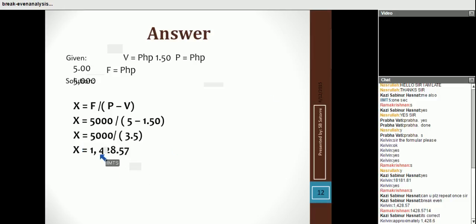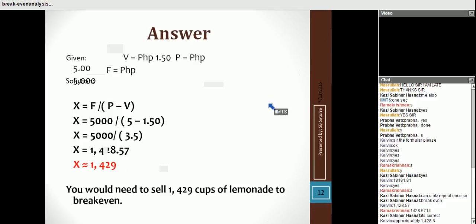So the value of X is 1428.57. All of you got it correct. Very good. Or approximately 1429. So we need to sell 1429 cups of lemonade to break even.